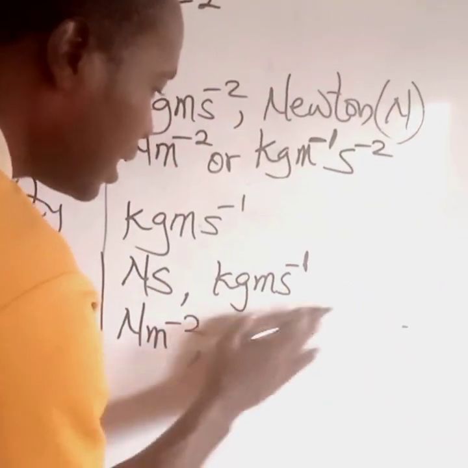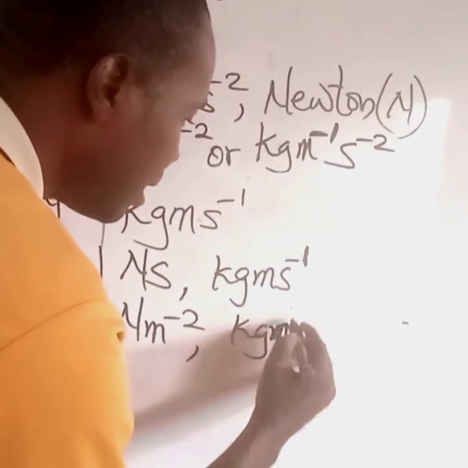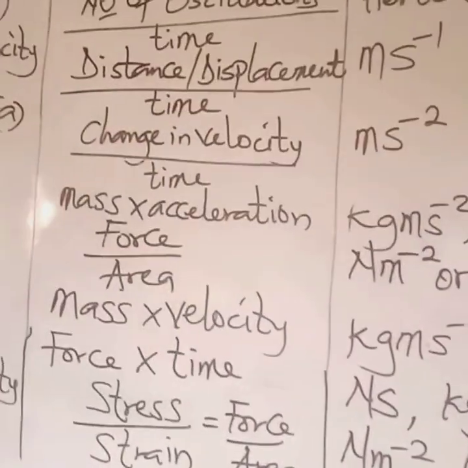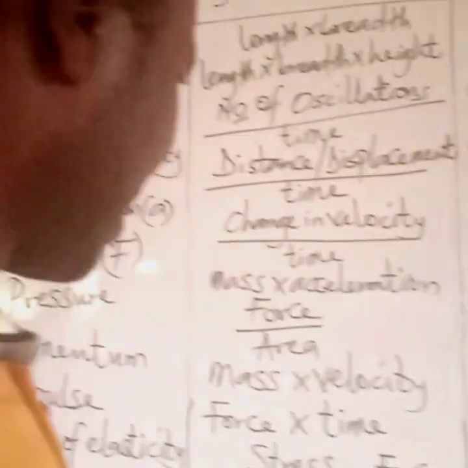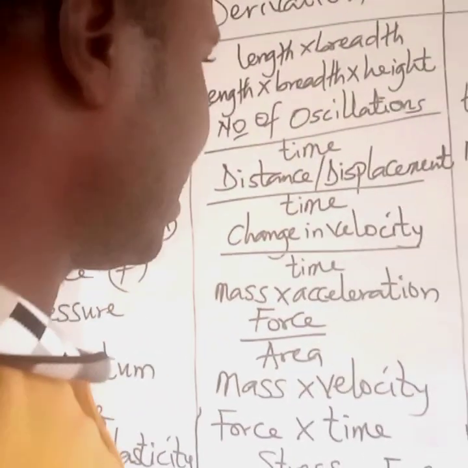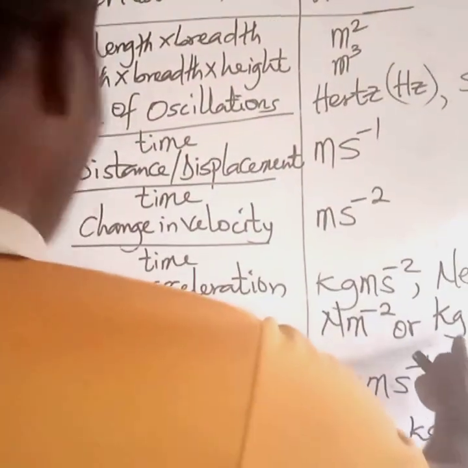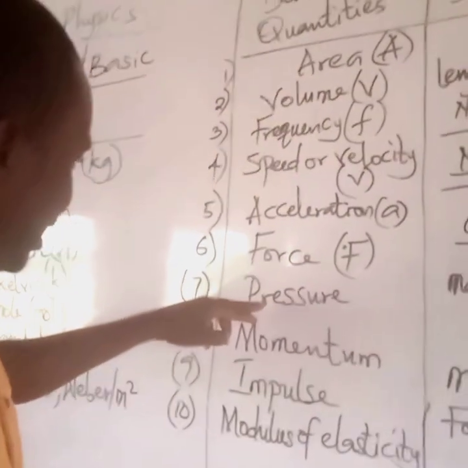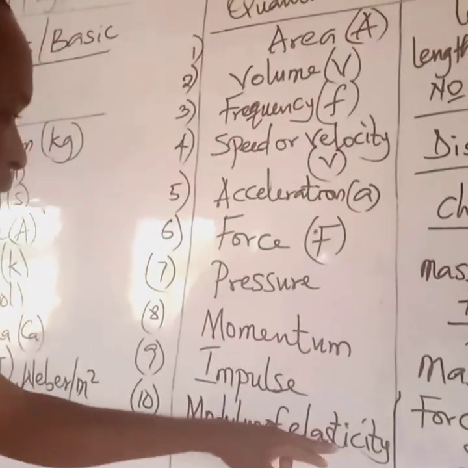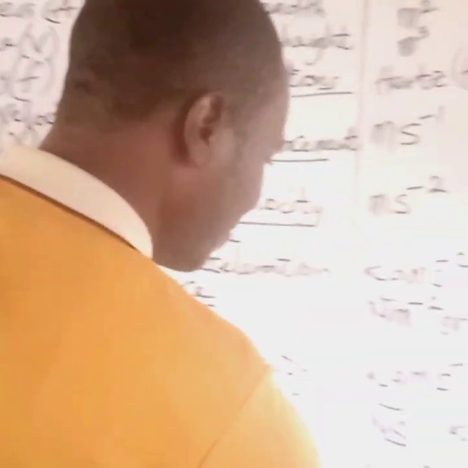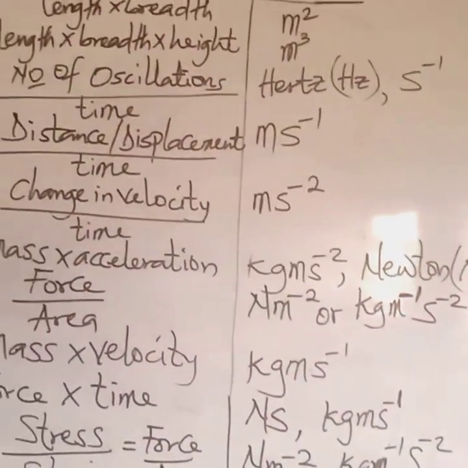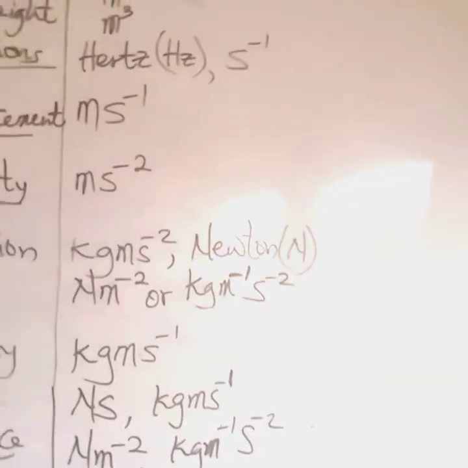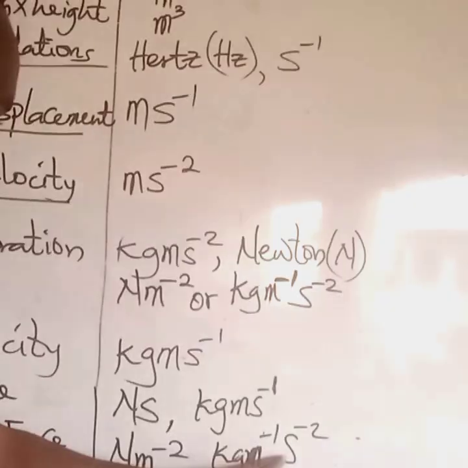So we can say kilogram m^-1 s^-2. And if you look at this particular unit, it is almost the same as that of pressure. So we can say the modulus of elasticity has the same unit as pressure.